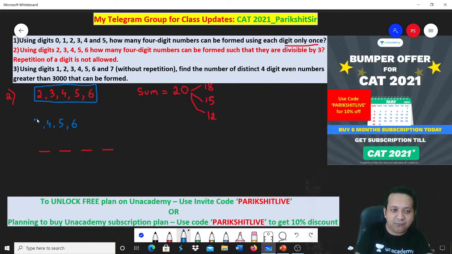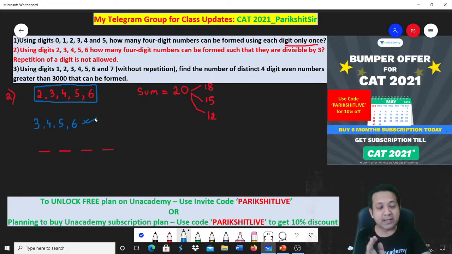If you have only 4 digits, you do a minus 2. 3, 4, 5 and 6, you will get the sum as 18. 3 plus 4 is 7, 7 plus 5 is 12, 12 plus 6 is 18. So if the sum is 18, the number formed will be divisible by 3, because the divisibility rule for 3 is that the sum should be divisible by 3.